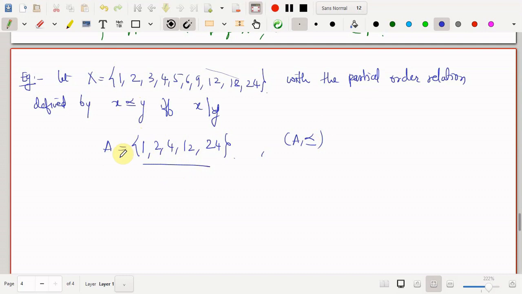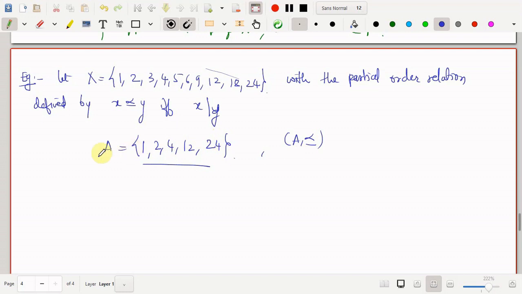If it is not, then we cannot say that this is a chain. If this is totally ordered, then definitely this is a chain. Now we know that 1 is related to 2, 1 is also related to 4, 1 is related to 12, 1 is related to 24, because 1 divides every other natural number.